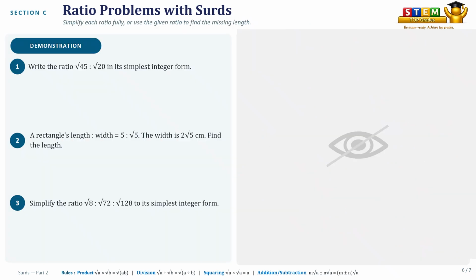Now on to section C this time. We're going to be writing the ratio in the simplest form again. So here we go. Square root of 45. 45 is 9 times 5.